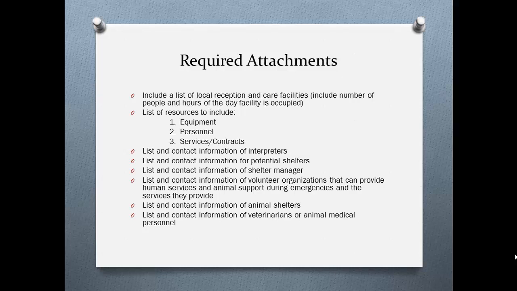A list and contact information for shelter managers. A list and contact information of volunteer organizations that can provide human services and animal support during emergencies and the services that they provide. Then a list and contact information for animal shelters, and a list and contact information of veterinarians or animal medical personnel.